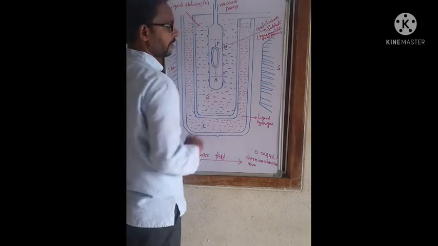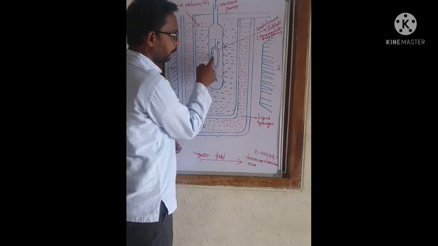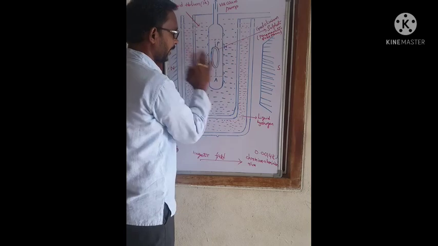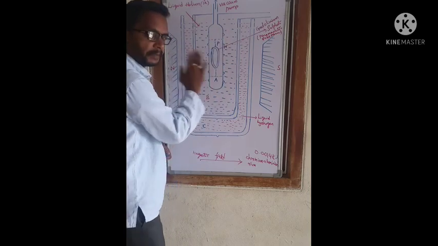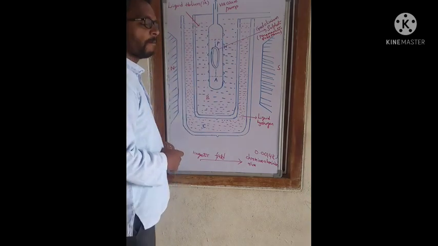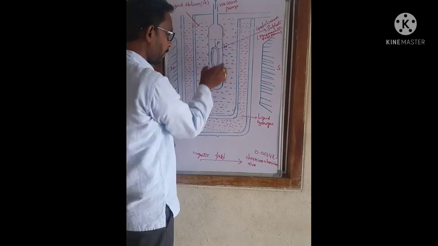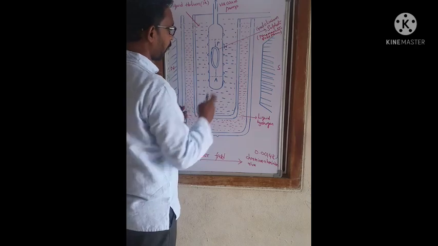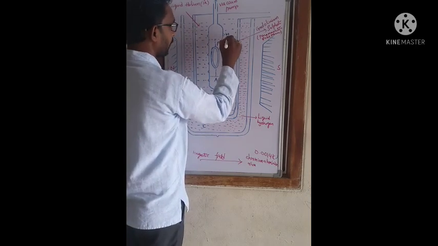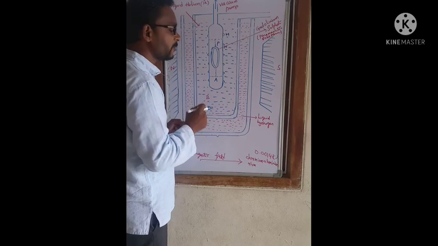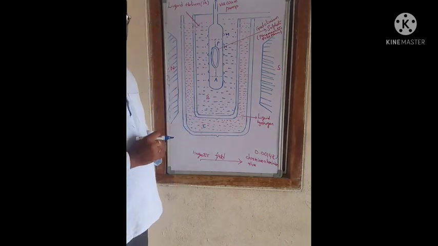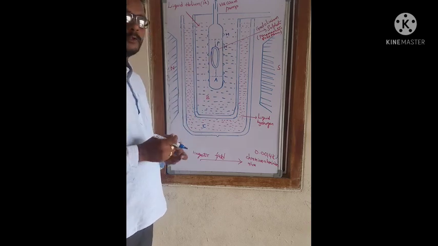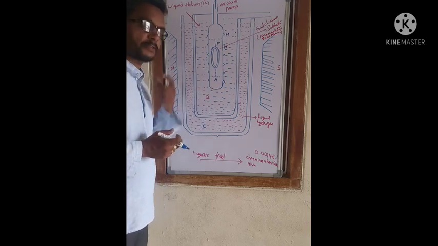Gadolinium sulfate, which is hanging in chamber A. This chamber A is wound by a coil, where M is the coil. The coil is used to measure the temperature of the substance.